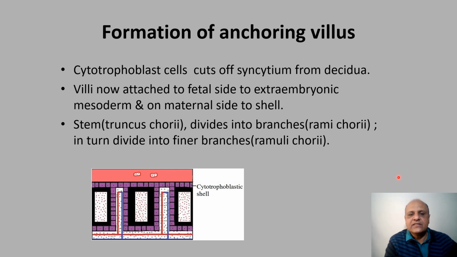Then the anchoring villus is formed, and how is this formed? When the cytotrophoblast forms a shell, and this cuts off the syncytium from the decidua. So here we can make out a shell which is formed, and now we have an anchoring villus, which on one side is anchored to the extraembryonic mesoderm, and on the other side it is anchored to the cytotrophoblastic shell.